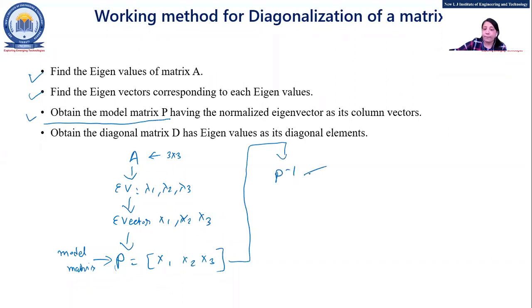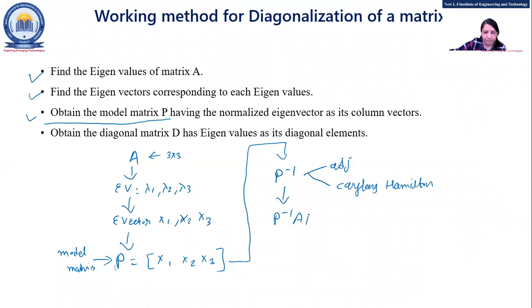Now to find P inverse, you know the method of adjoint. And the other method, which will be in your syllabus, is the Cayley-Hamilton theorem. So using either adjoint or Cayley-Hamilton, you can find P inverse.